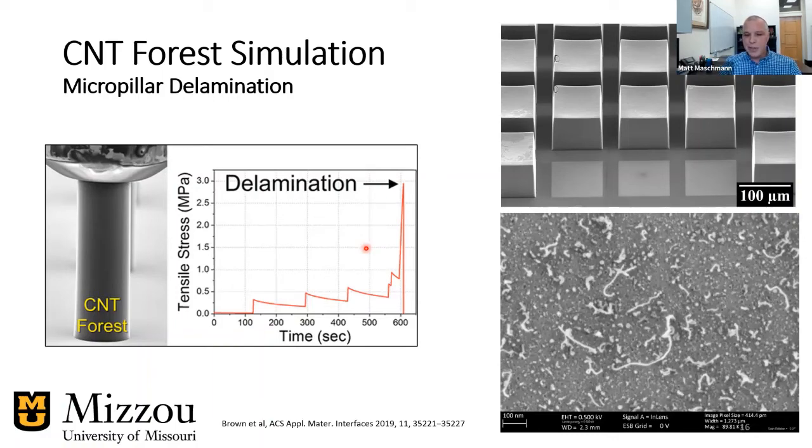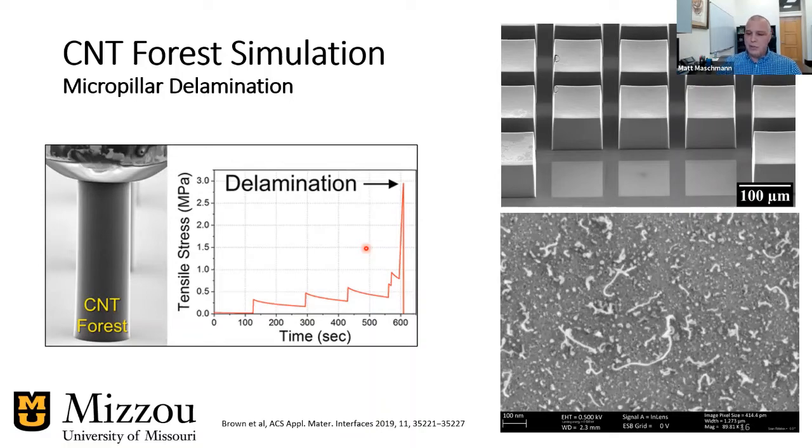If we treat the pillar as a monolith, the tensile stress was something like 3 megapascals on average. That's good information, and I think that was, at least at that time, and I think it still is, probably the best measurement of one of these carbon nanotube forests with respect to delamination. But if you recall, I said that these things are a couple percent dense by volume.